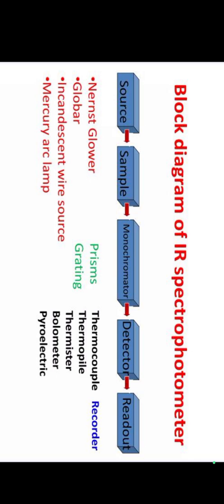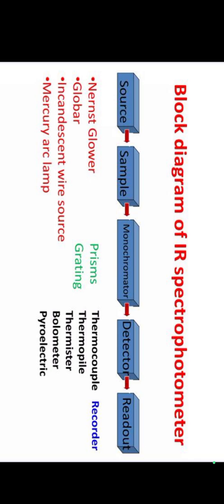This is the instrumentation of the IR spectrometer. It consists of source, sample, monochromator, detector, and readout. The sources used in infrared spectrophotometers are Nernst glower, Globar, incandescent wire source, and mercury arc lamp.